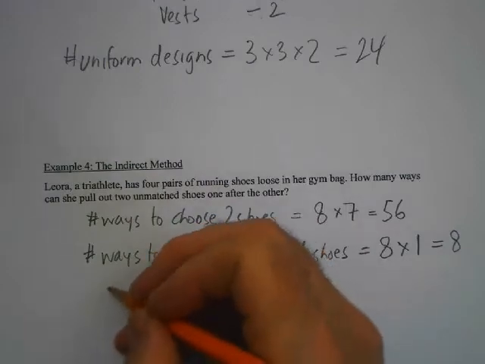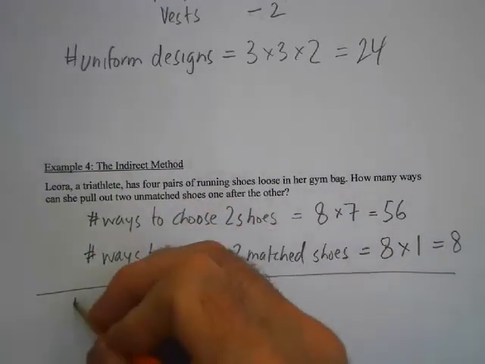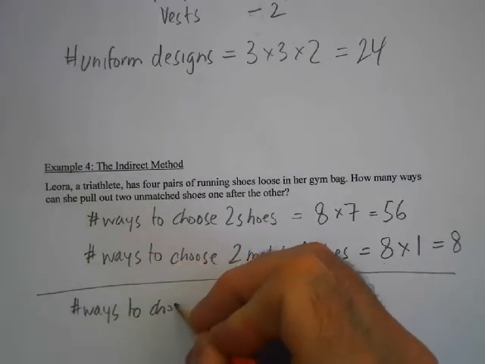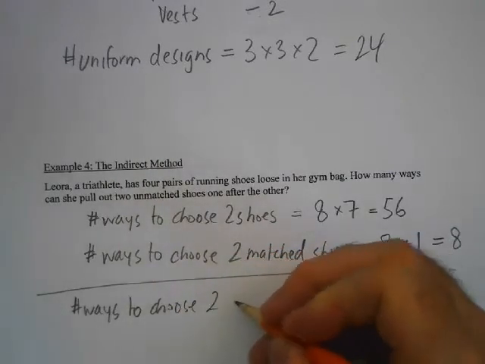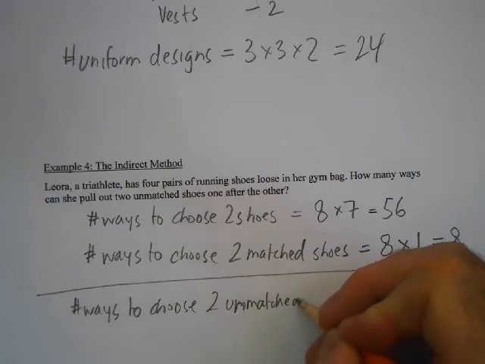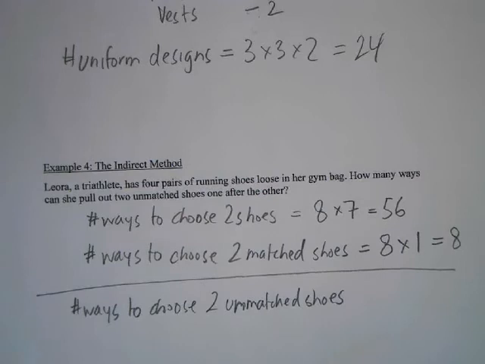So this is where we do the indirect method. So the number of ways to choose 2 unmatched shoes. Now I'll do this the long way.